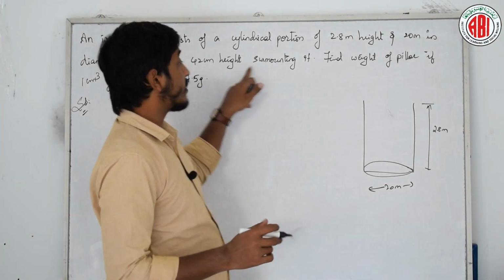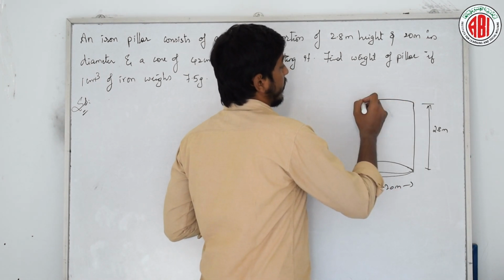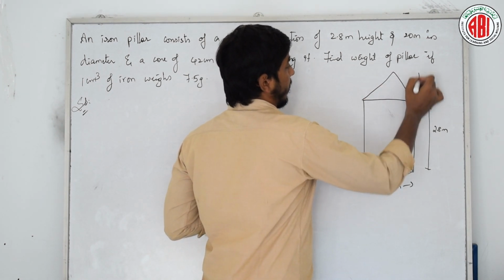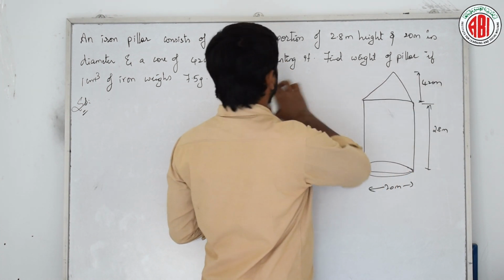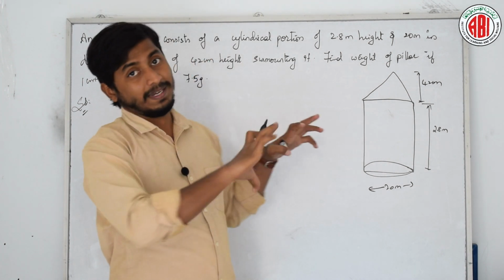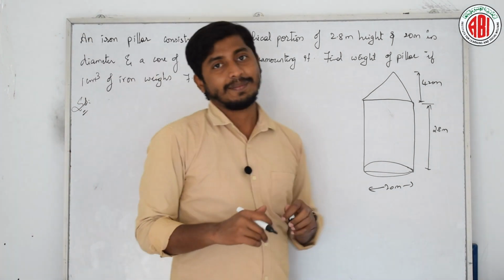The diameter is 20 meter. Find the weight of the pillar if 1 cubic centimeter of iron weighs 7.5 grams.